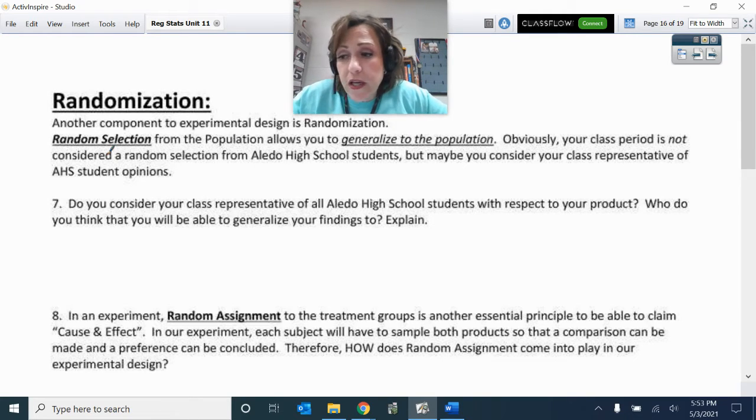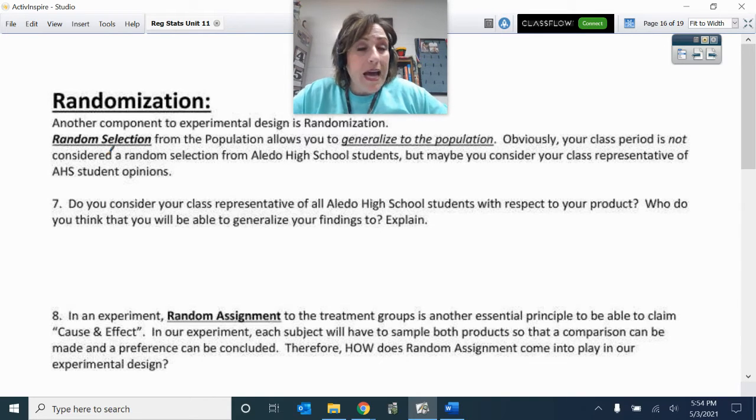Maybe the person doing the Oreos thinks, yeah, I don't think that our class is going to have a particular opinion about Oreos differently from the rest of Aledo High School. So I think that we might be a representative sample that we could generalize to all Aledo High School students.